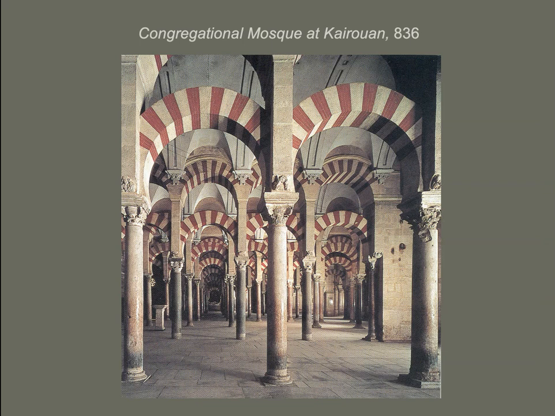This is made of basically just a forest of columns known as a hypostyle hall. We've seen this type of hypostyle hall in Egyptian art, but we can definitely see some Roman influence here. If you look at the capitals of the columns, they look like Ionic columns, and then you have the arches that are more Roman with the voussoirs, which we saw in early medieval art.